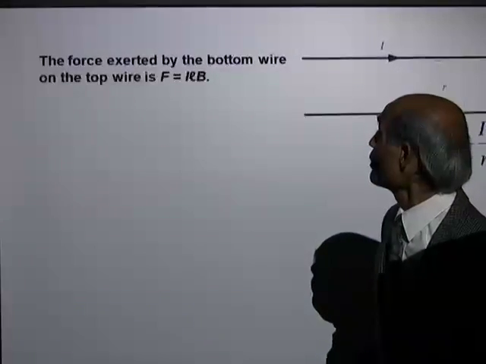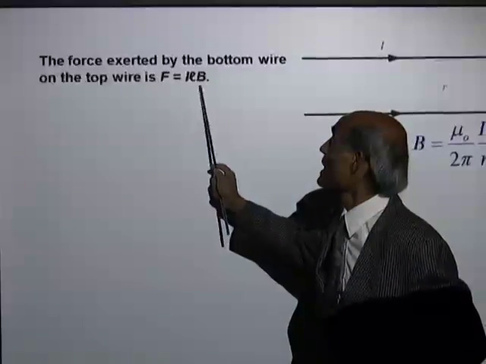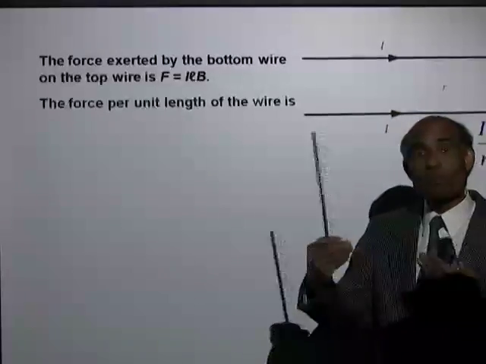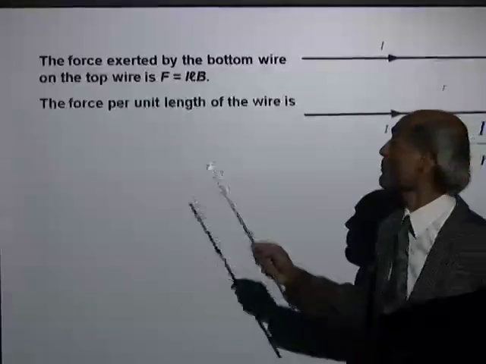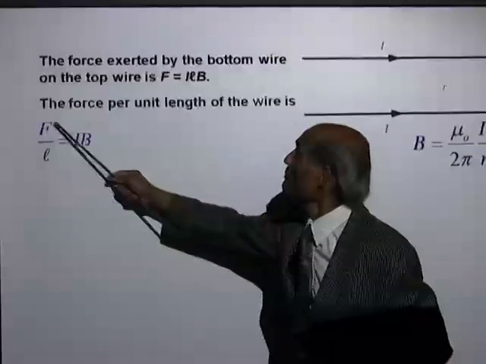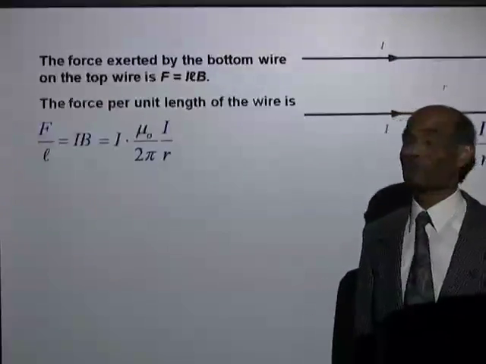So the force exerted by the bottom wire on the top wire is ILB, and therefore what is the force per unit length of the wire? If you now divide both sides by L, I get force per unit length will be I times B.